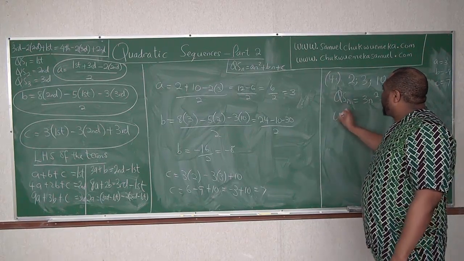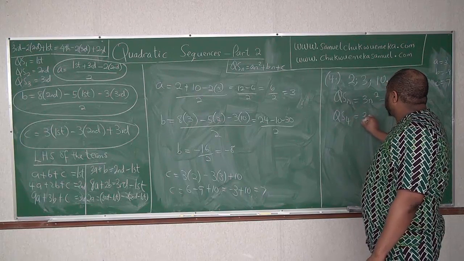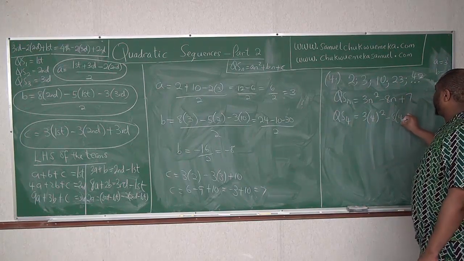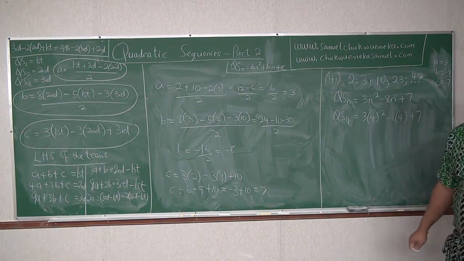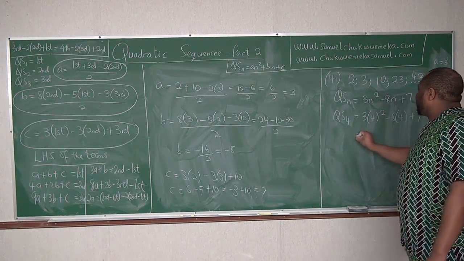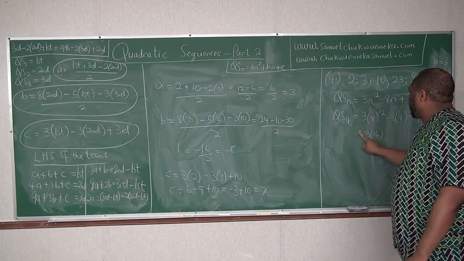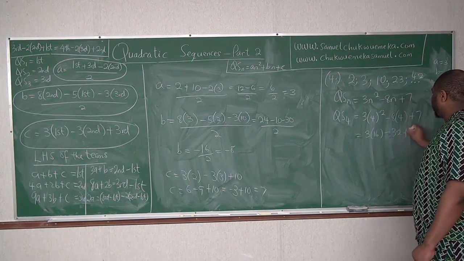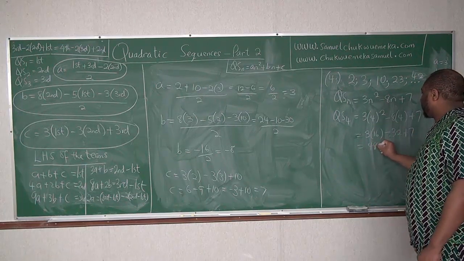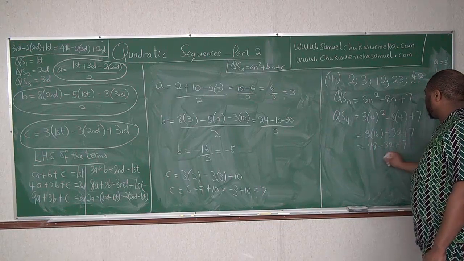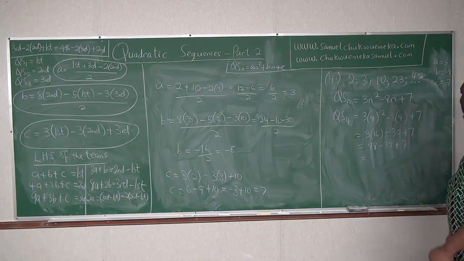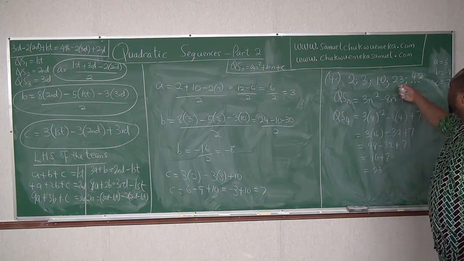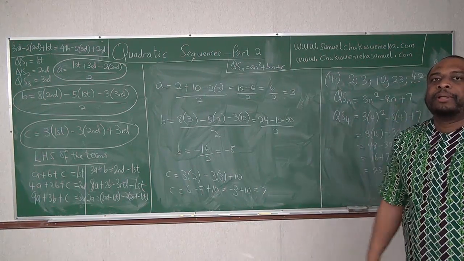Let us verify with QS4. This is 3 times 4 squared minus 8 times 4 plus 7, which is 3 times 16 minus 32 plus 7, which is 48 minus 32 plus 7, which gives us 16 plus 7, which is 23. That is the fourth term.